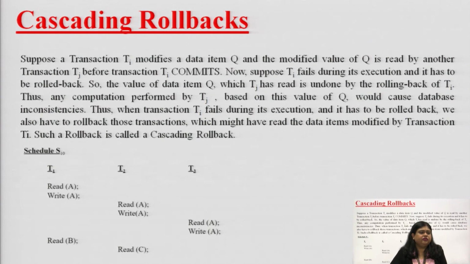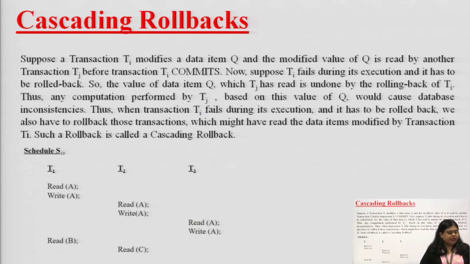Very quickly we will go through cascading rollbacks. What are cascading rollbacks? Suppose a transaction Ti modifies a data item Q and the modified value of Q is read by another transaction Tj before Ti commits. Now, suppose Ti fails during execution and has to be rolled back. The value of data item Q which Tj has read is undone by transaction Ti.